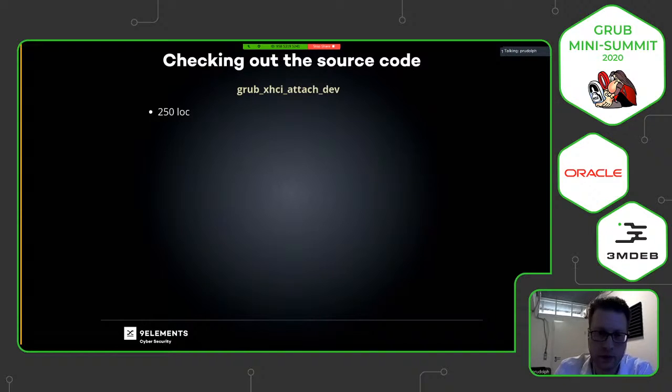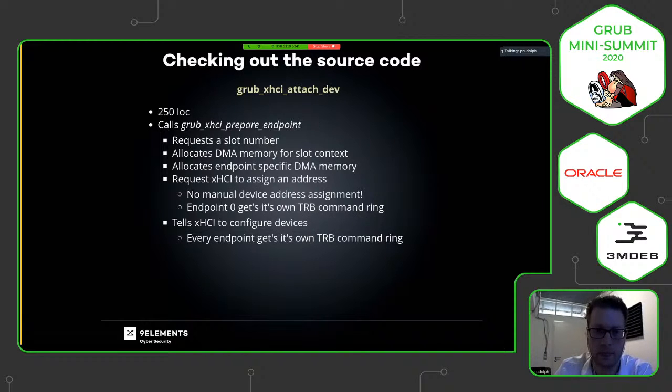The attach device function turns out to be essential. We have about 250 lines of code. And if you check out the code, you will see it calls the prepare endpoint function. And that does all the stuff I've talked about in the last slides. First of all, you request a new slot for the device you just plugged in.